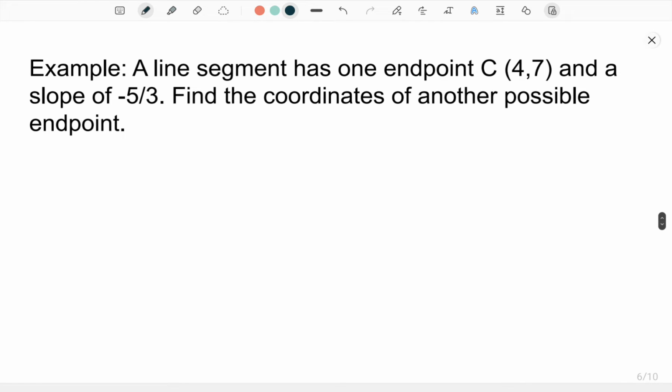All right. What if we weren't given the graph though, like we just were? How would we figure out the other point? This is where we have to use, again, the same sort of ideas, rise over run, but think of it in terms of coordinates. So we're starting off with the point 4, 7. And we know we have a slope, I'll write it over here, -5 over 3.